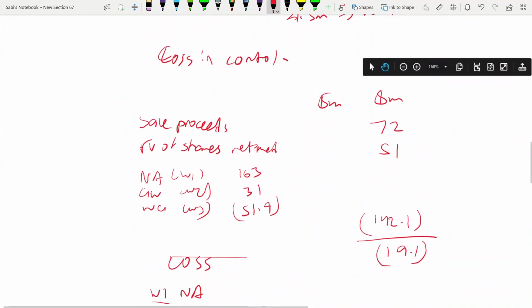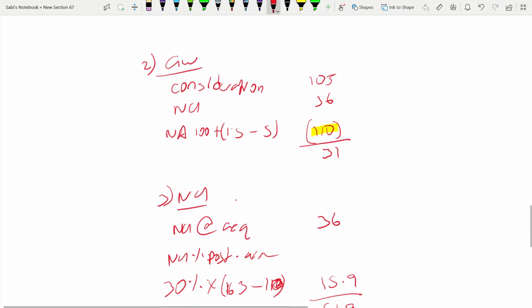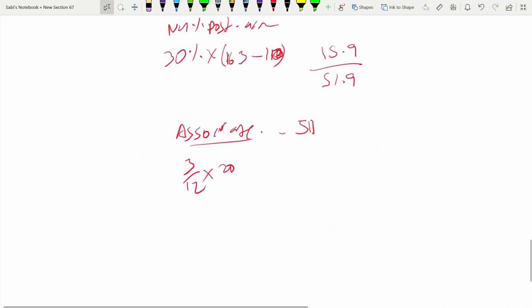But with that you have to apply the associate's percentage. What is it? If you have acquired 70, it will be 30% is the associate, which is 1.5 million. So with 51, if you add 1.5 it becomes 52.5.